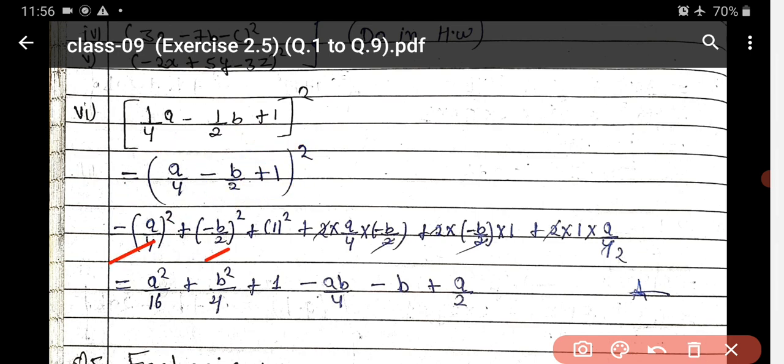Just apply a square plus b square plus c square plus 2 into a into b plus 2 into b into c plus 2 into c into a. Now just do the calculation. It becomes a square by 16, a by 4 whole square is 16, b square positive, 2 square is 4, 1 square is 1. Now just cut 2 by 2, it becomes minus ab by 4. Now just cut 2 by 2, it becomes minus b only. 2 into 2 is 4, it becomes a by 2. So it is your final answer.